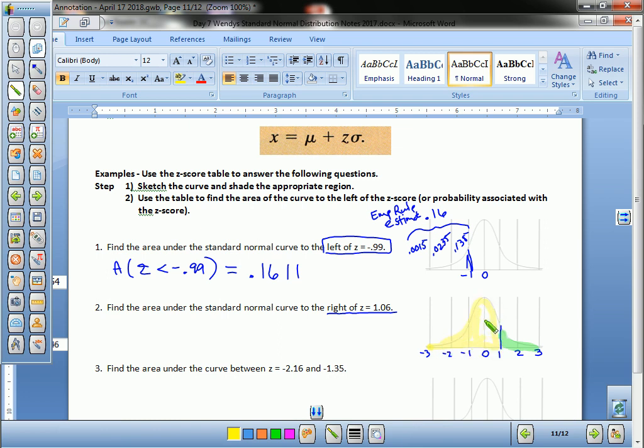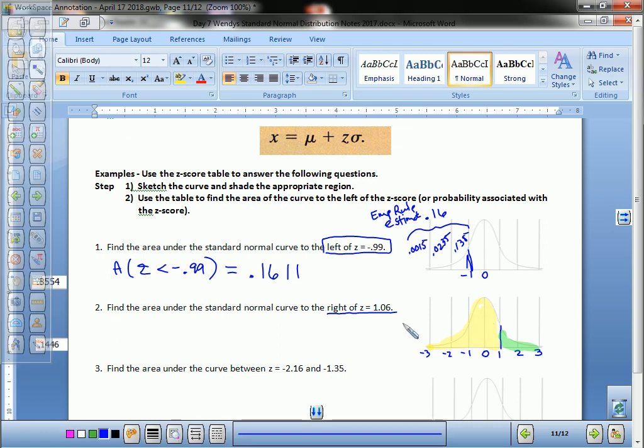Very good. We could subtract it from 1. Okay, so when we're doing to the right, you can do 1 minus the area for the Z-score to the left, less than, because the total area under the curve is 1. So if we found this, subtract it from 1, it gives us that.